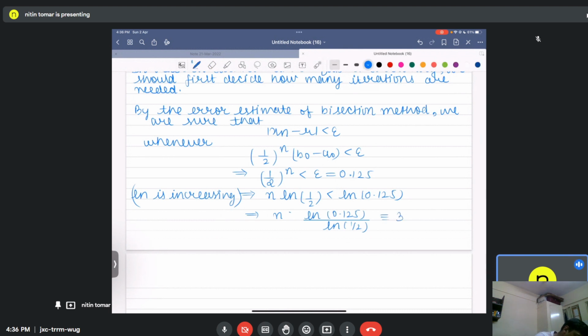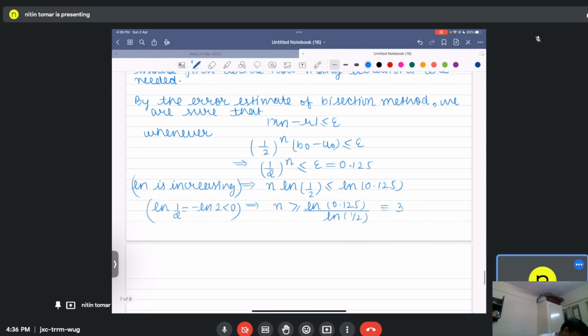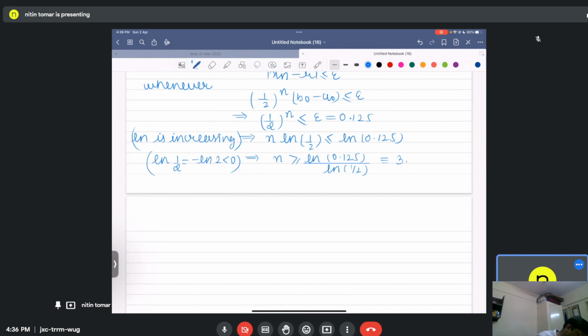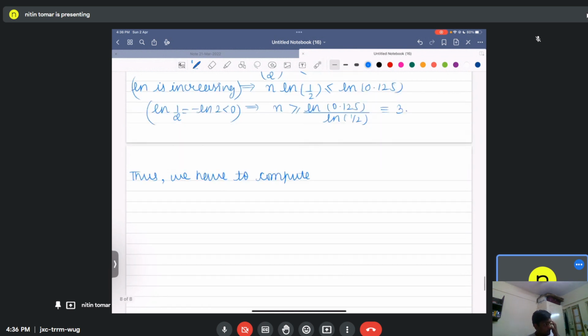Because ln half is actually minus ln 2, which is negative, the inequality changes. Thus we have to compute till x3. Now we know how many iterations we need to compute, so we will do it.